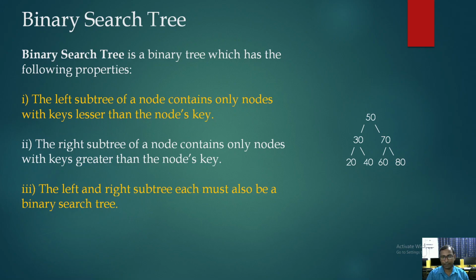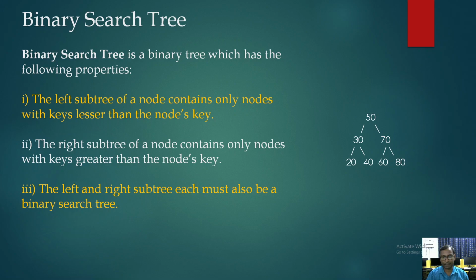The right subtree contains the data elements 60, 70 and 80, which are all greater than 50. So the left subtree contains data elements less than 50 and the right subtree contains data elements greater than 50. These are the first two properties.